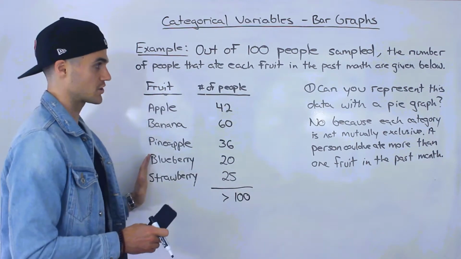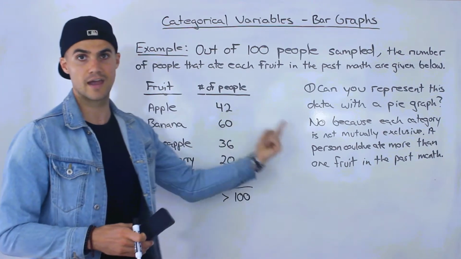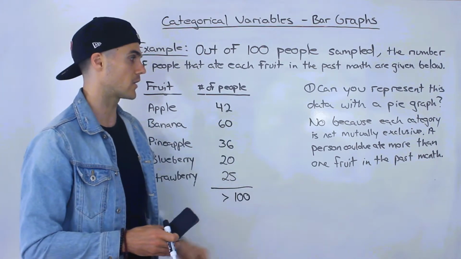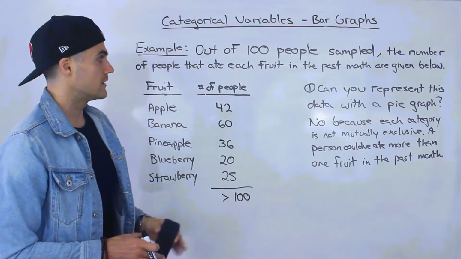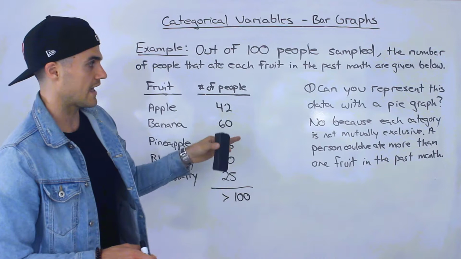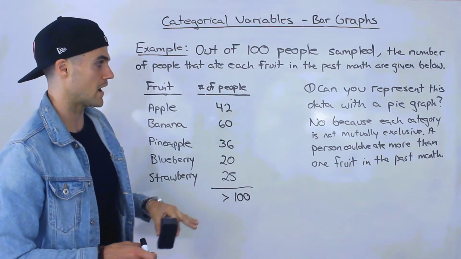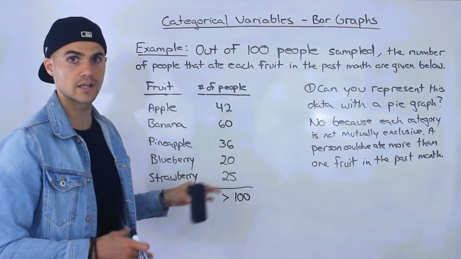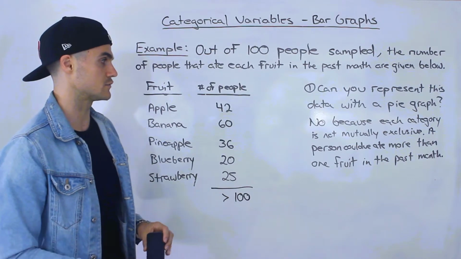The categories are going to be mutually exclusive, and then you can make a pie graph. But in this case, with this example that we're looking at, we can't represent this data with a pie graph because each category is not mutually exclusive.